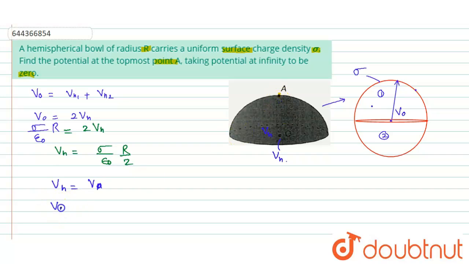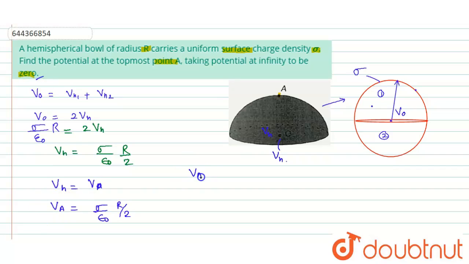From here, the potential at A is equal to sigma divided by epsilon naught into r by 2, where r is the radius of this hemisphere. Now we have to find the potential with respect to infinity, taking the potential at infinity to be 0. So this will be the absolute potential.